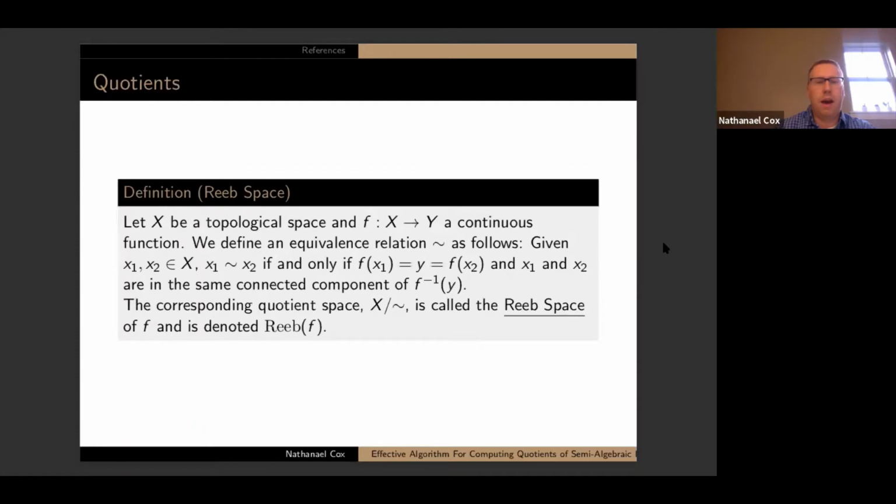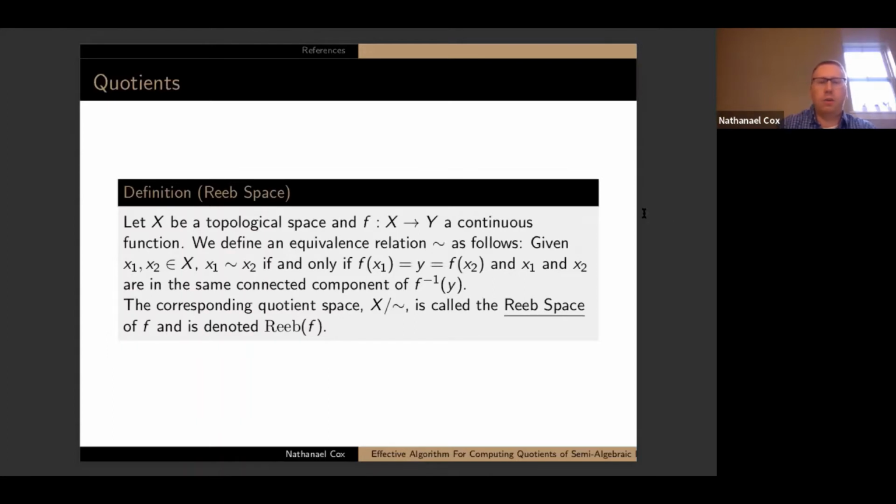If X is a topological space and f from X to Y is a continuous function, where Y is also a topological space, we can define an equivalence relation: two elements of X are equivalent if and only if they map to the same point in Y and are in the same fiber, so the same connected component of f inverse of y.